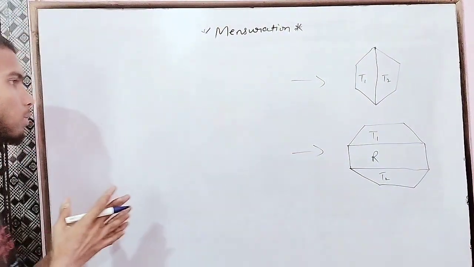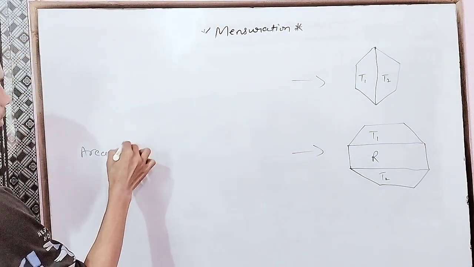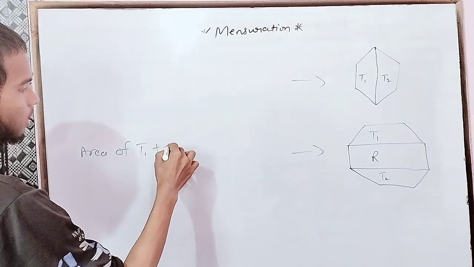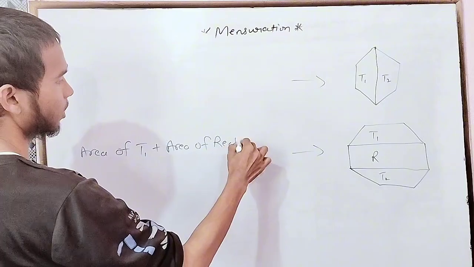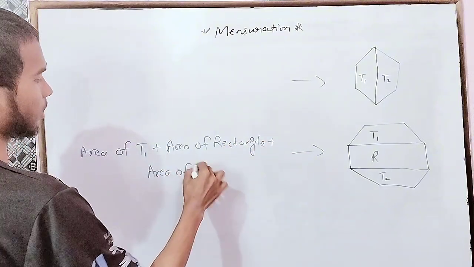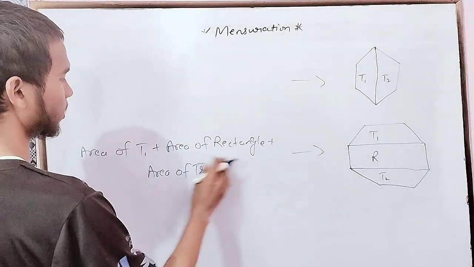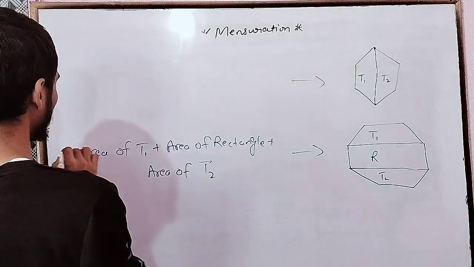So area of the first trapezium, then area of the rectangle, then area of the second trapezium. Clear?